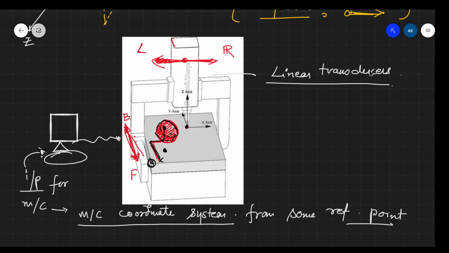So these different points on the job have to be relative to each other.